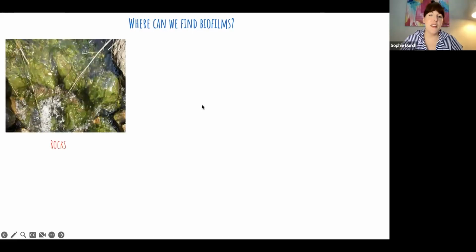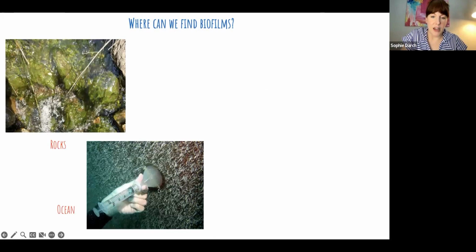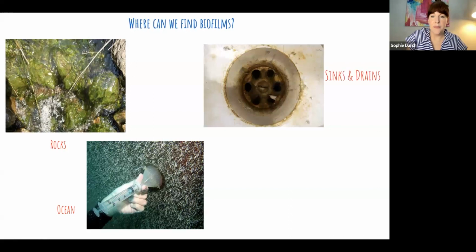Okay. And so thinking about biofilms, where can we find these biofilms that we just talked about? We touched on this a little bit. In nature, in the environment, if you look on the surface of rocks, that slimy substance is a biofilm. In the ocean, you can take biofilms off of different ocean plants or coral mucus, things like that. They all have microbes living there.